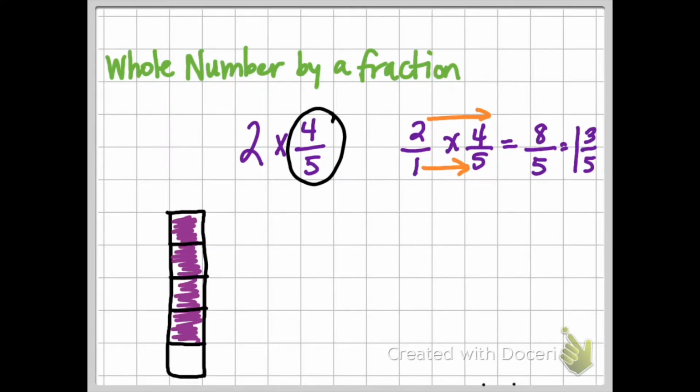That's one set of 4/5. But remember, I need 2 of them because it's 2 times 4/5. So I'm going to do it again. And once again, I'm going to shade in 4 out of the 5.